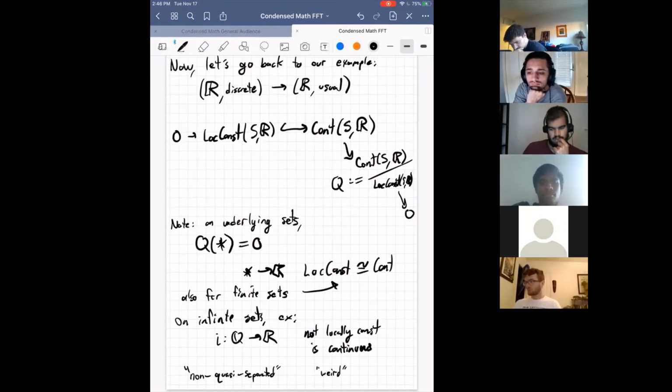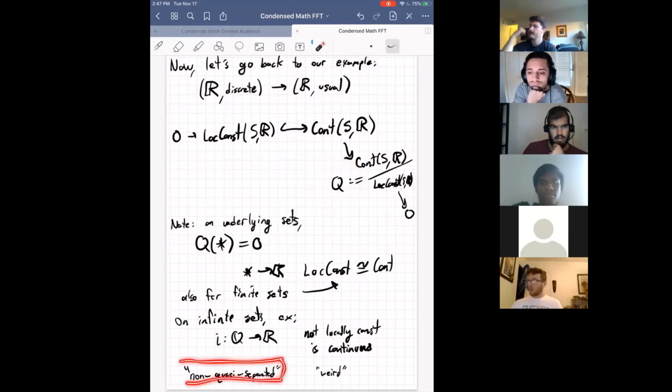So things of the form Q go by the technical term non-quasi-separated, although I like to just think of them as just weird. And so they're these things where they take values on infinite sets but not finite sets, and apparently that is just the thing you need to make it so that kernels and cokernels work.